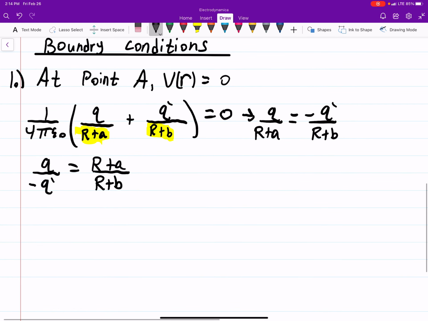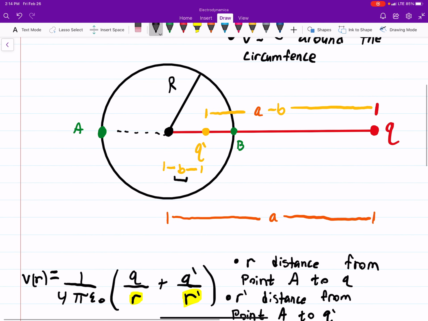Cool, so we have that. Now there's a second point to consider as well, and that's at point B, V of R is equal to 0. And technically, you could pick out any point along this sphere, the potential should be 0. If I wanted to pick the point here, that potential is also 0. If I called that C, the potential there is 0.